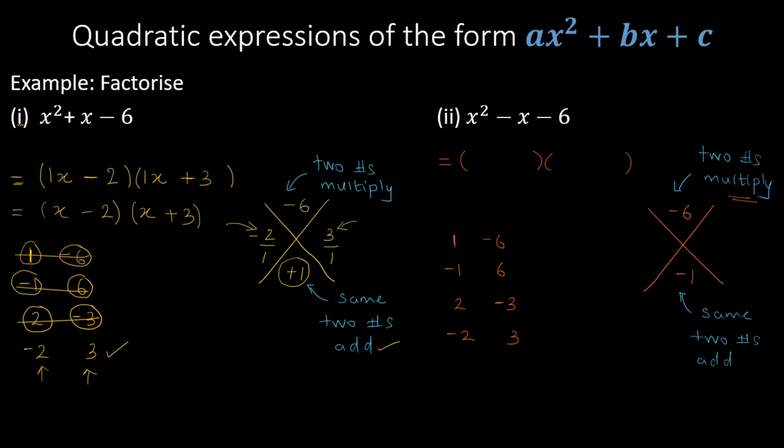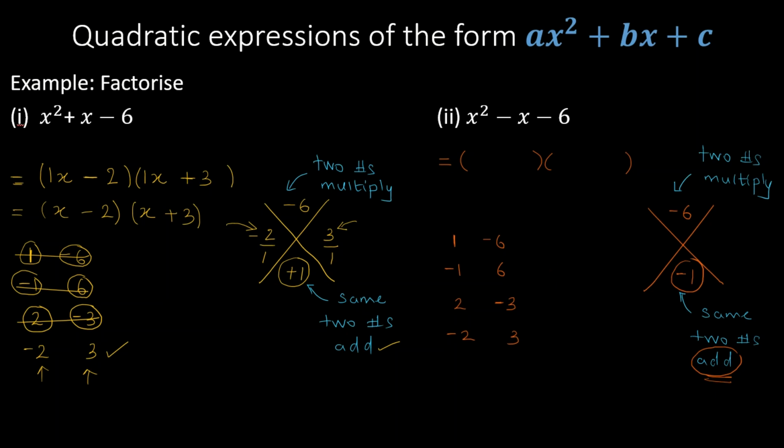So we are done with multiplication. Now we have to consider addition. From these possibilities that we have written, we have to select two numbers which when we add give negative 1.